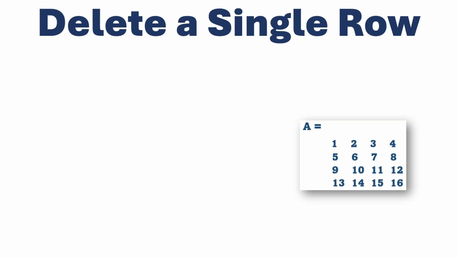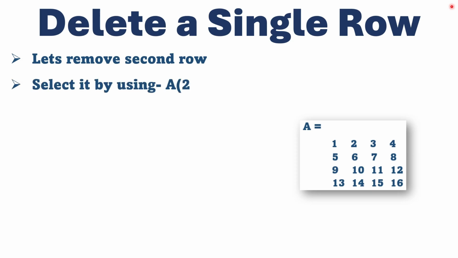Okay, now we have created the matrix and the values are written here, A is equal to 1, 2, 3, 4, 5, 6, 7, 8, 9, 10, accordingly. And now let's see how deleting a single row works. To delete a single row, specify its index and assign an empty array.